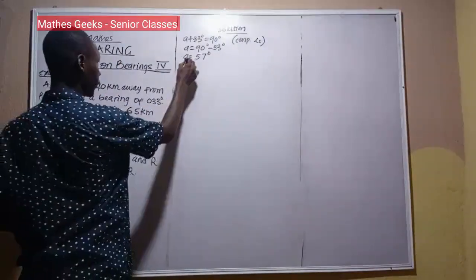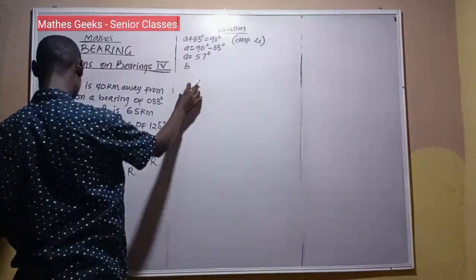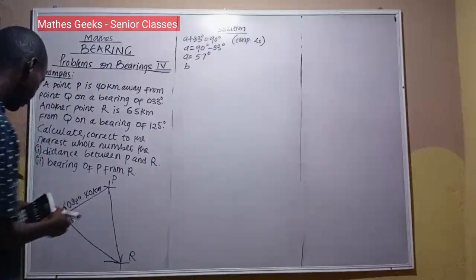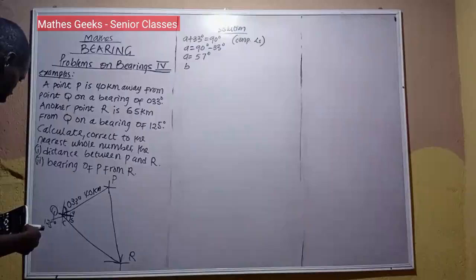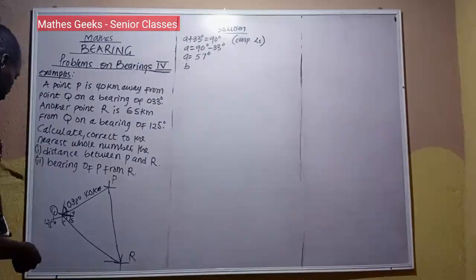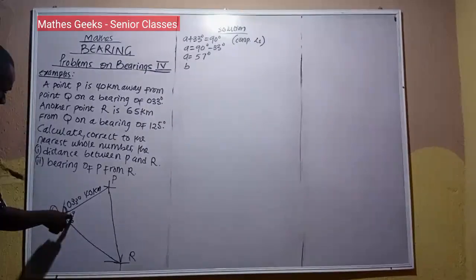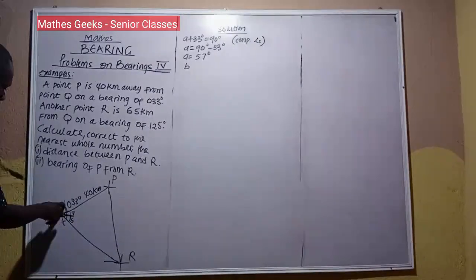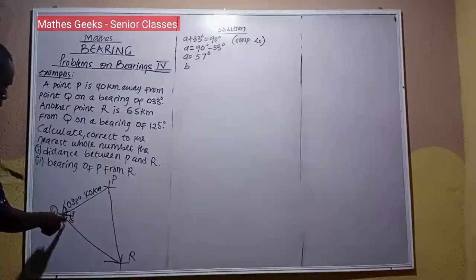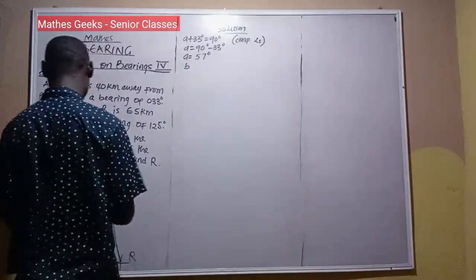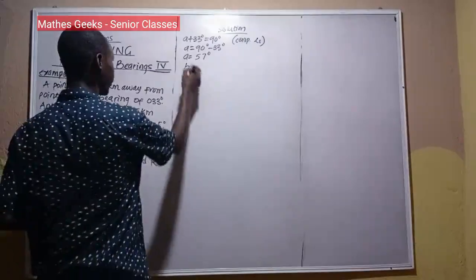Then to get B, from the west to this line, and from the north to the west is 90 degrees. So 90 degrees plus B is equal to 125 degrees.